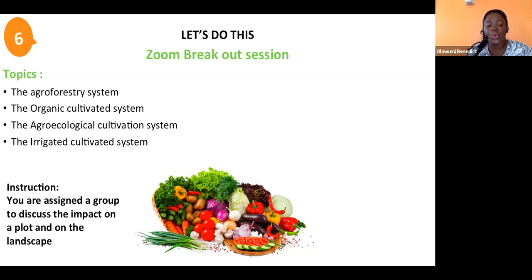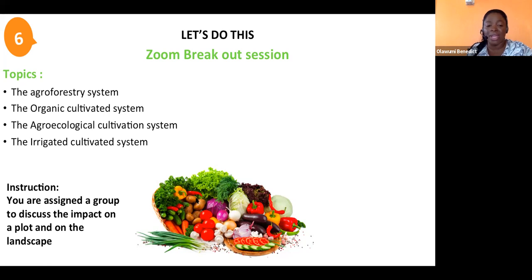You are going to look at the negative impact and the positive impact, both on the plot level and on the landscape level. Because it's individual now, it's not discussion. We are going to do this for 10 minutes. So just write down what you think are the impacts.